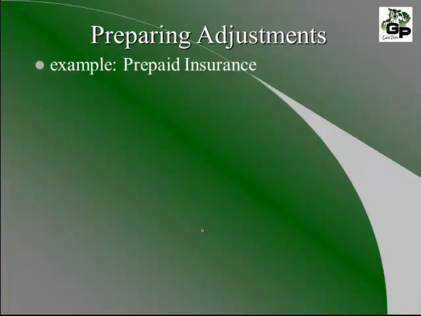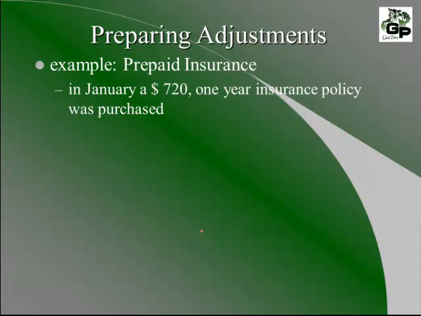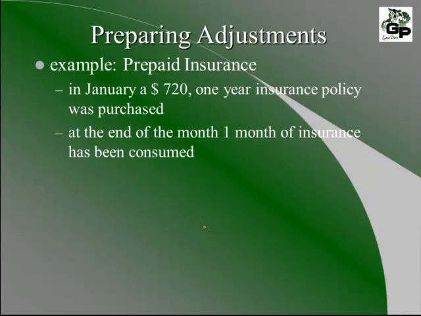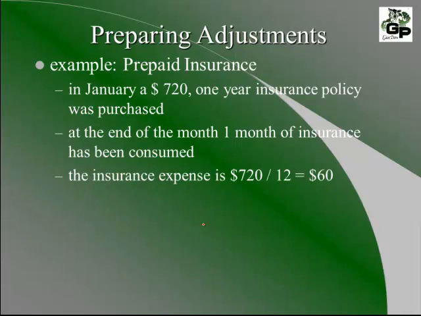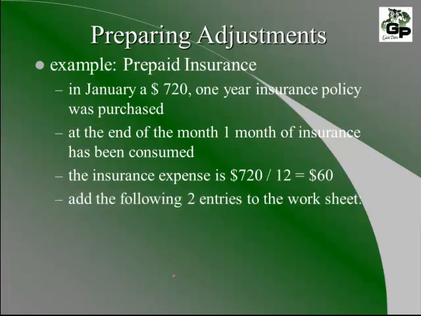Let's take a look at prepaid insurance. In January, a $720 one-year insurance policy was purchased. At the end of the month, 1 month of insurance has been consumed. The insurance expense is the full amount of 1 year, $720, divided by 12, which represents the cost for 1 month, which is $60.